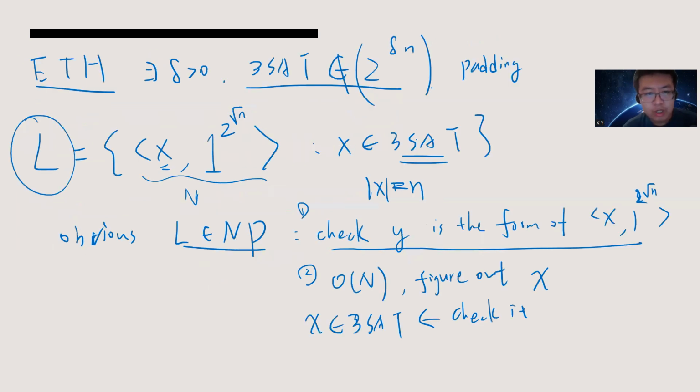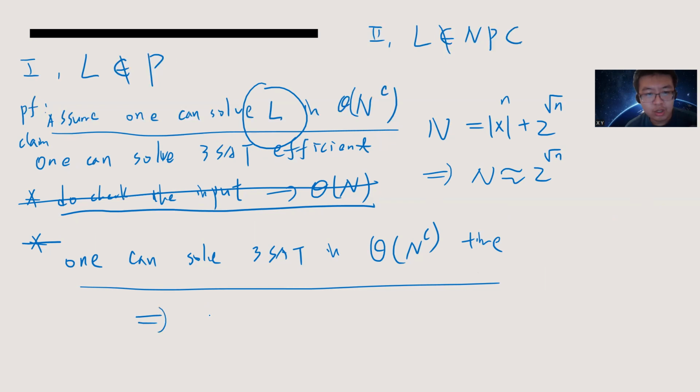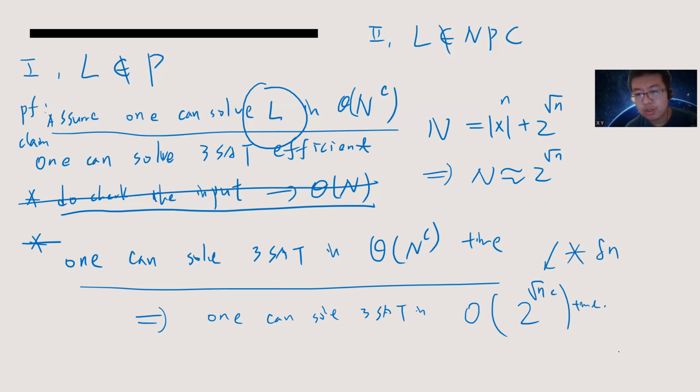Okay, but there is an important formula, right? We know that the length of N is basically length of X plus 2 to the square root N. And this is N, which tells you that capital N is approximately 2 to the square root N. So if this is true, that means that one can solve 3Z in O of 2 to the square root N to the C time, which is a contradiction, right?